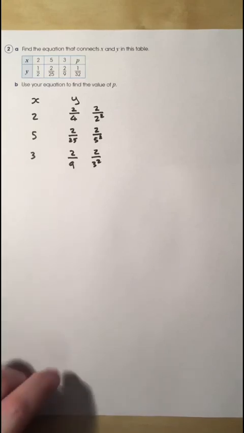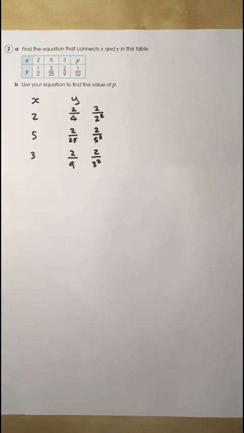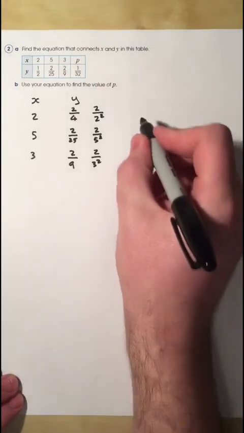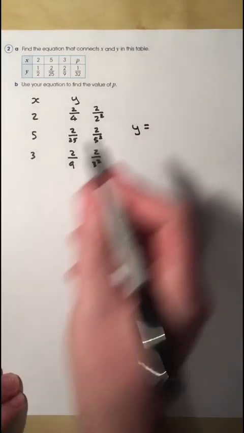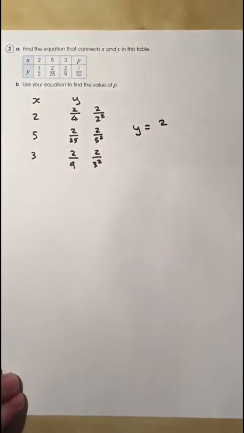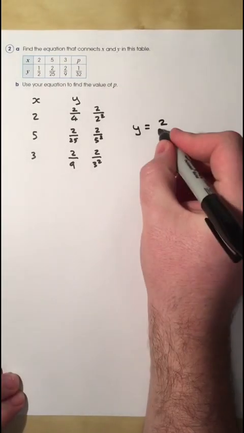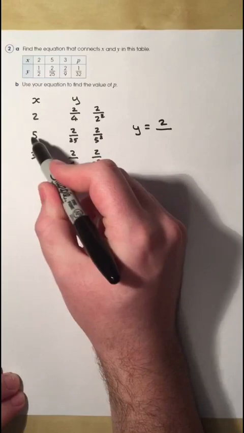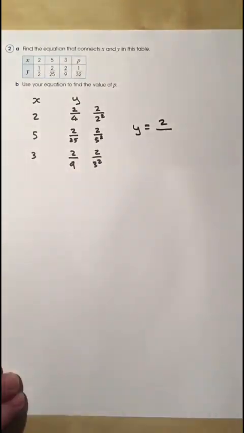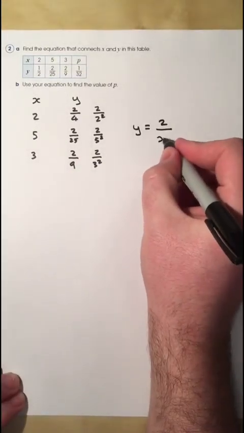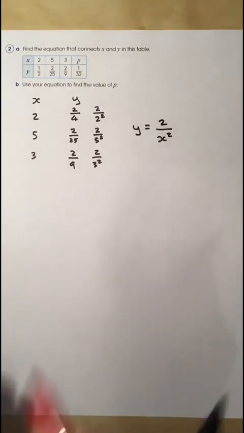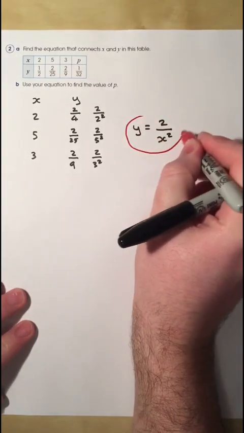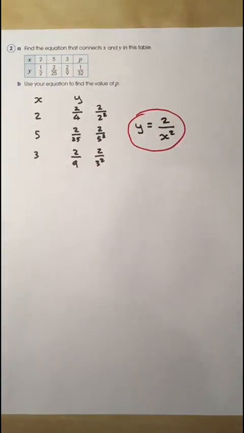So an equation that connects x and y in this table, you could write that y equals the 2, which remains constant, over this value here squared. So this value is the x value squared. So we can write that as x squared. This here now is the equation that we're going to use in this question.